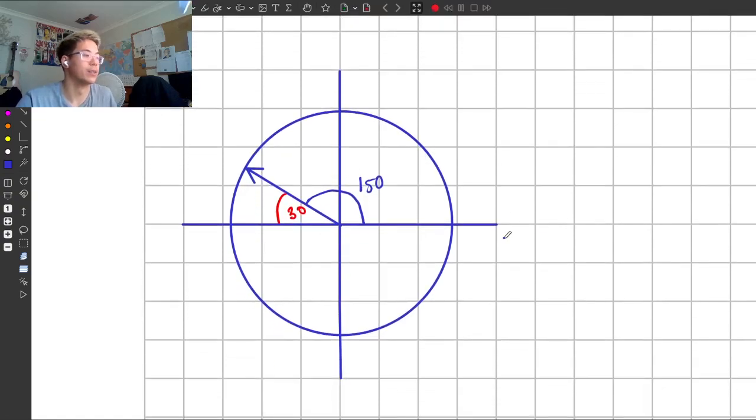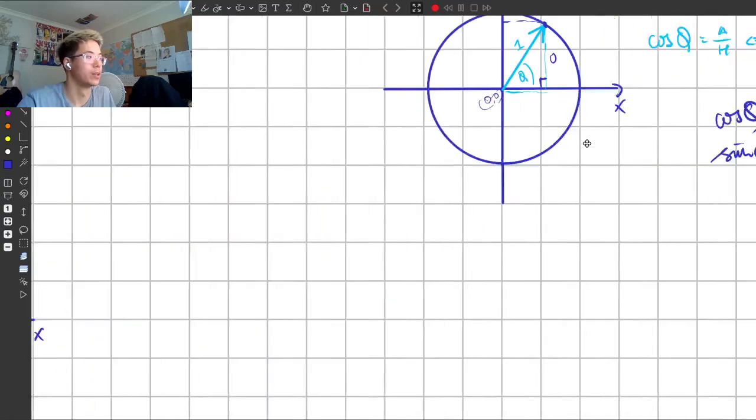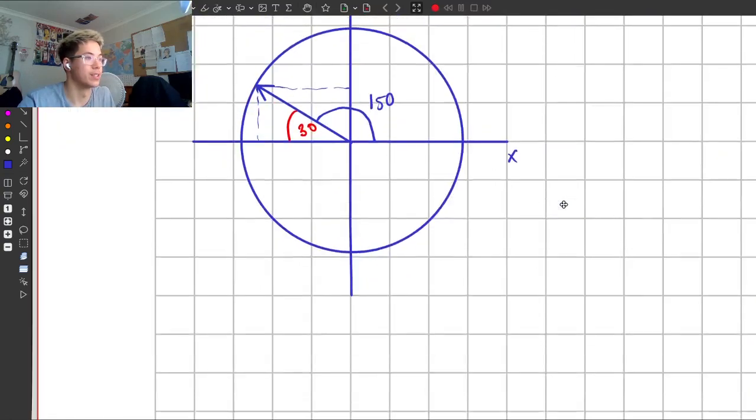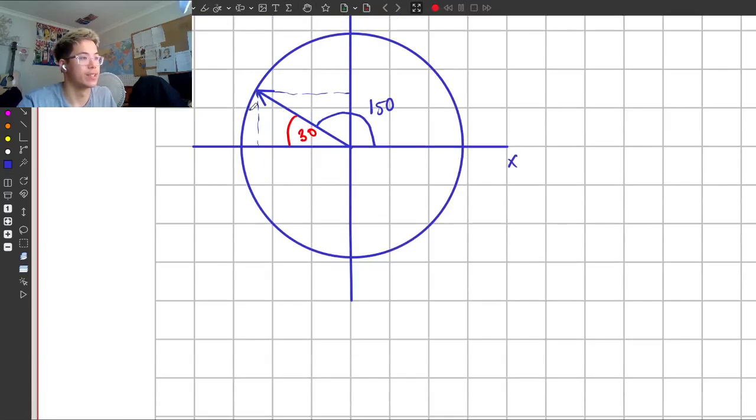Using this thinking here, we say that the angle 150 degrees, we can write like this because this angle here has to be 90. Therefore, this angle here is 180. Therefore, this angle here has to be 30 because it's a complementary angle of this. Now, if we remember that the cosine of an angle is your horizontal distance, we need to find this distance here, right? If we were to project this vector down onto its horizontal, what would be its magnitude?